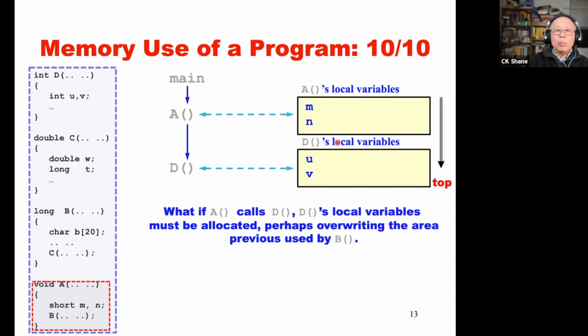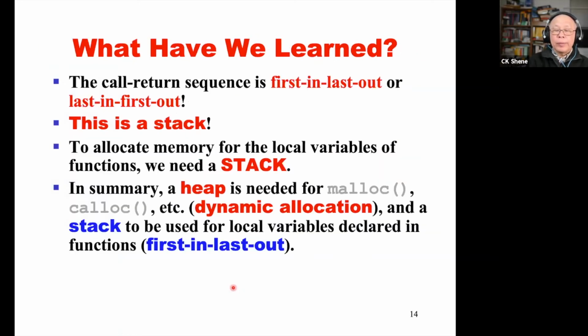Then when D is called, D's local variables must be available. So the area that contains D's local variables is pushed onto this stack, and we move the top pointer from here down to here.